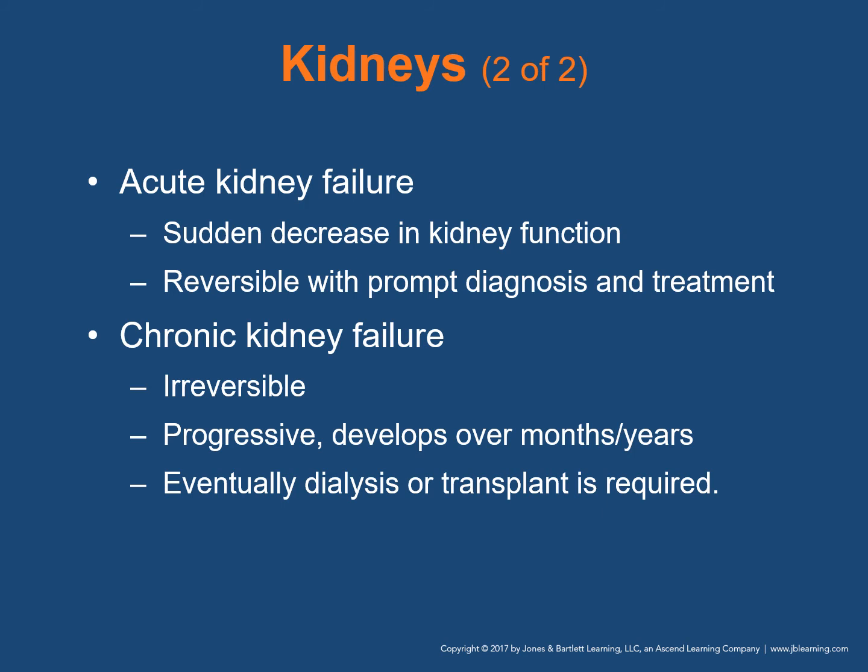This is somebody who has had the progression of their kidney failure over a period of months or years. And as they get worse, as it continues to progress, they end up needing dialysis or a transplant eventually. You know, obviously, if it's chronic kidney failure, you're not going to reverse the damage.